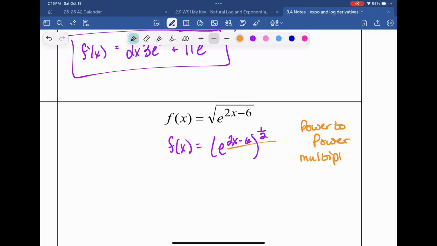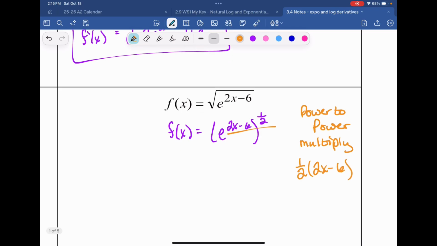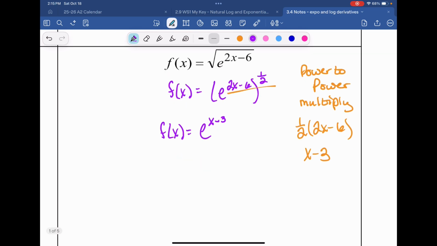So this is really 1/2 times 2x minus 6, which is really just x minus 3. Now I can take its derivative. Derivative of the outside, keep the inside, times the derivative of the inside.